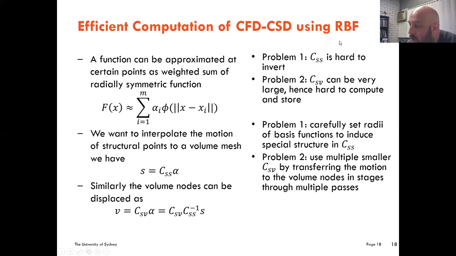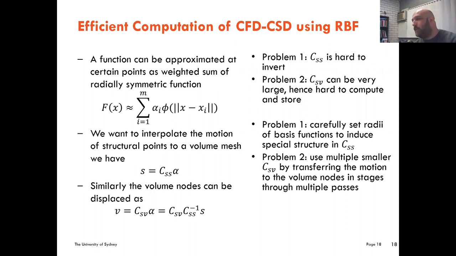Now, there are some complications: the structural matrix is hard to invert because there is no guarantee that it's sparse, and there is no a priori information on the sparsity of the matrix. To solve that problem, you really want to reduce the dimensionality of that matrix. There's really no other way.